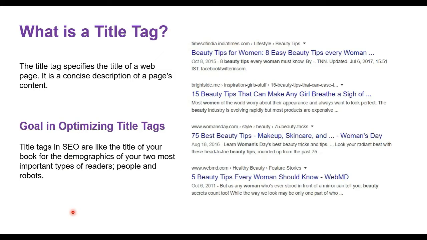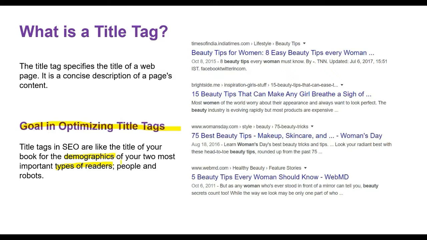So now let us discuss the goal. What is our goal in optimizing the title tags? Of course, we have to optimize our title tags for the two important readers. So we have to match the demographics of these two important readers of our title tags.